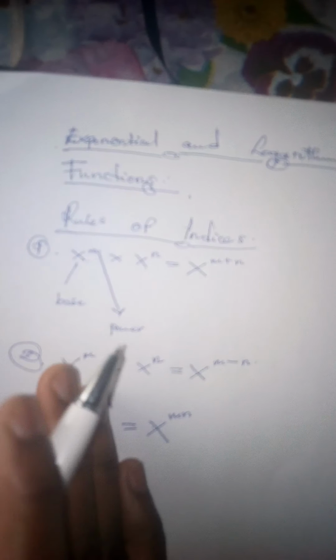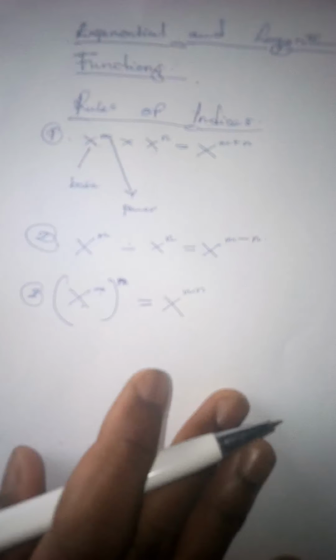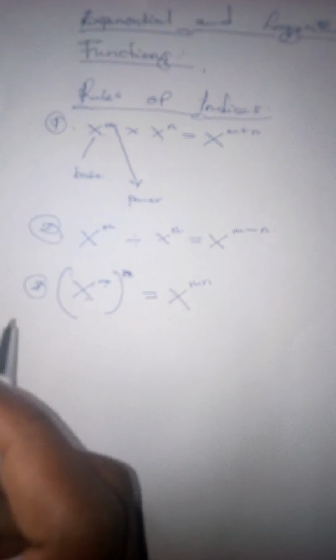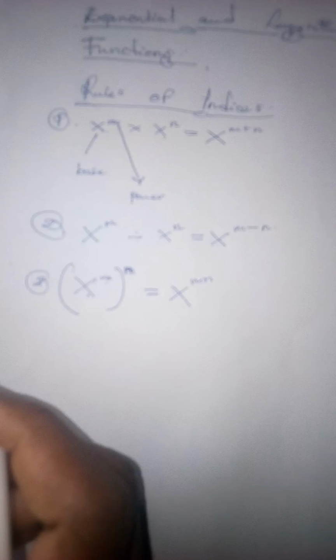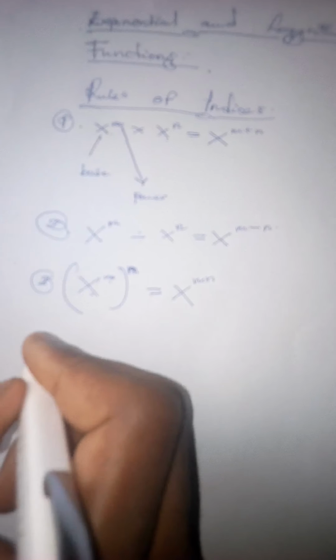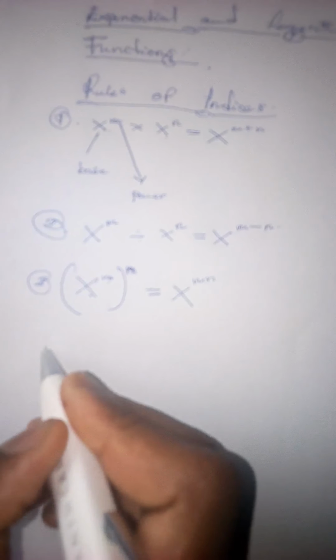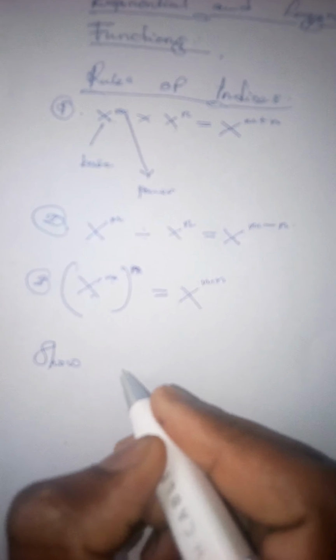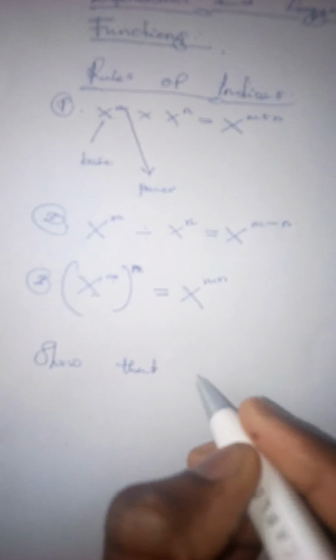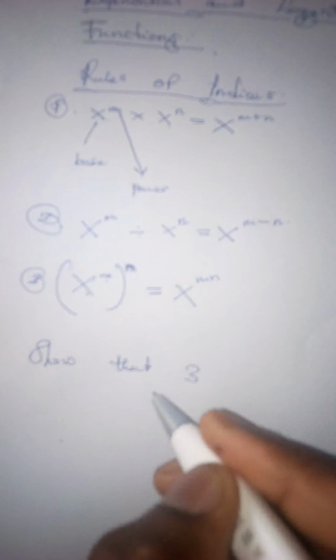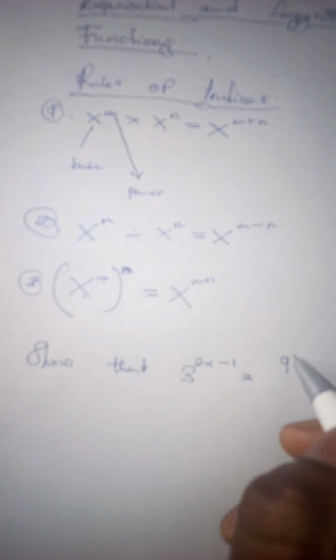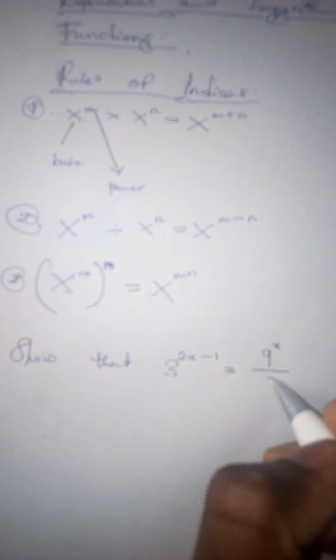Let's say we have a situation, and it says show that 3 raised to the power 2x minus 1 is equal to 9^x over 3.